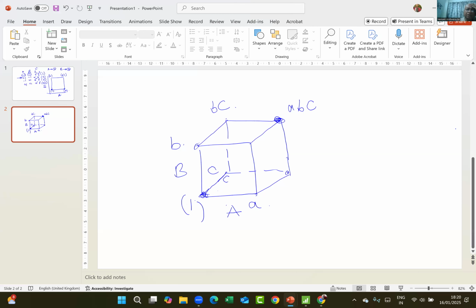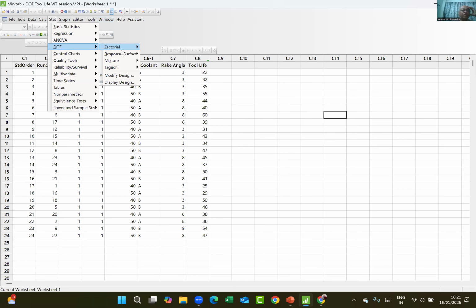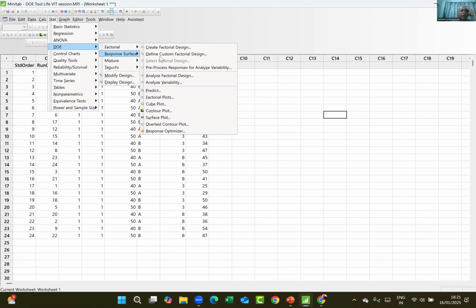This will be A at plus and C at plus, so this is ac, etc. So you can name all the corners, but it's a cube plot. Minitab can generate the cube plot also. I'm just opening the file that we used yesterday and showing you the cube plot in Minitab. So I'll just say Stat, DOE, Factorial, and Cube Plot. I have just opened the same file.